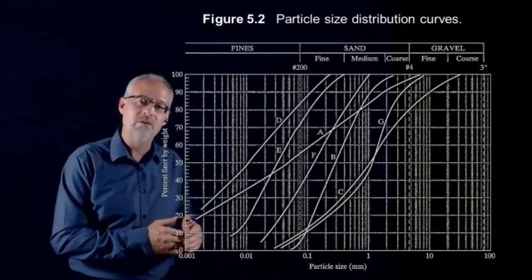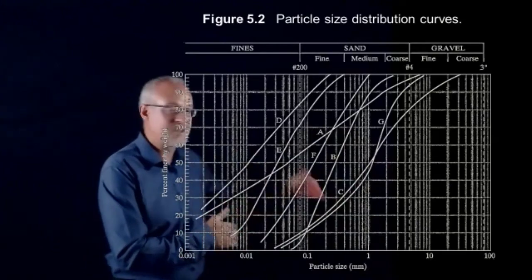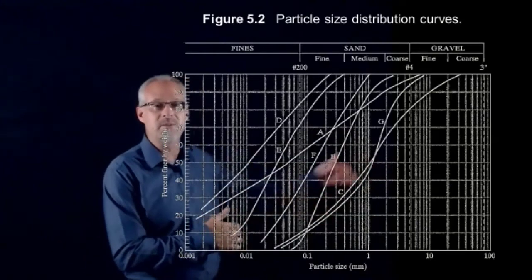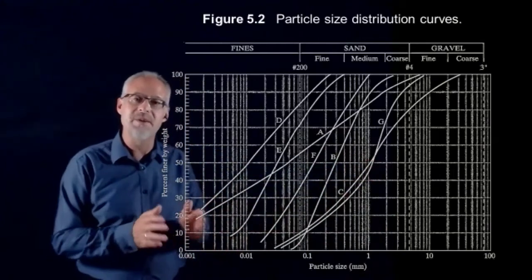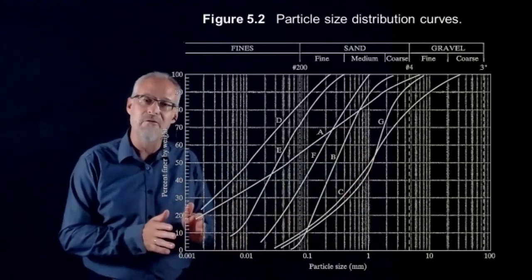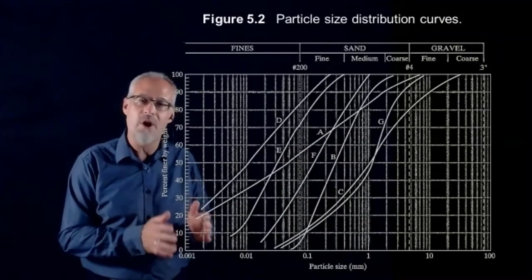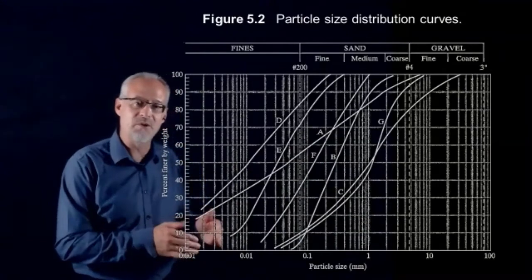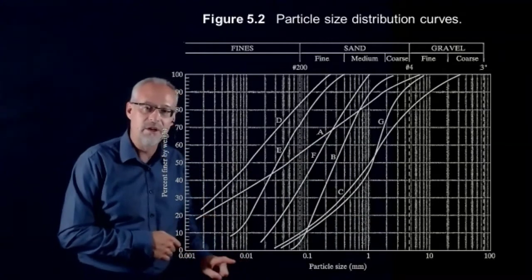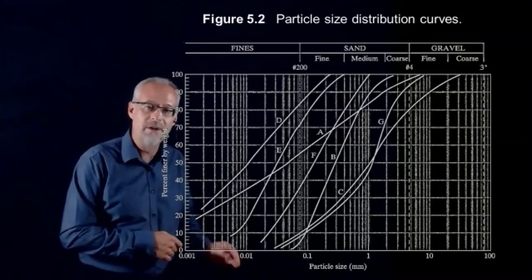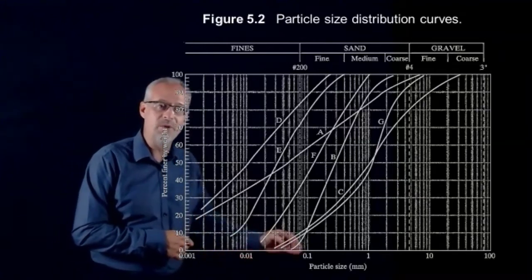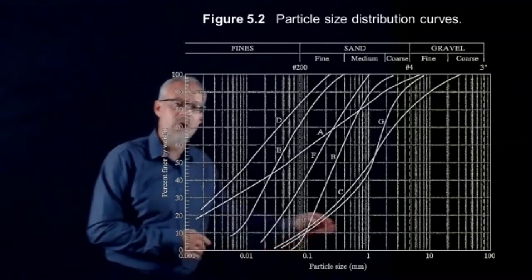Because of that scaling of 10 times larger, 10 times larger, it also means that the intermediate values on that curve are not evenly spaced. So for instance, if we go from here, it's 0.01, and then I go to 0.1, then I go to 1.